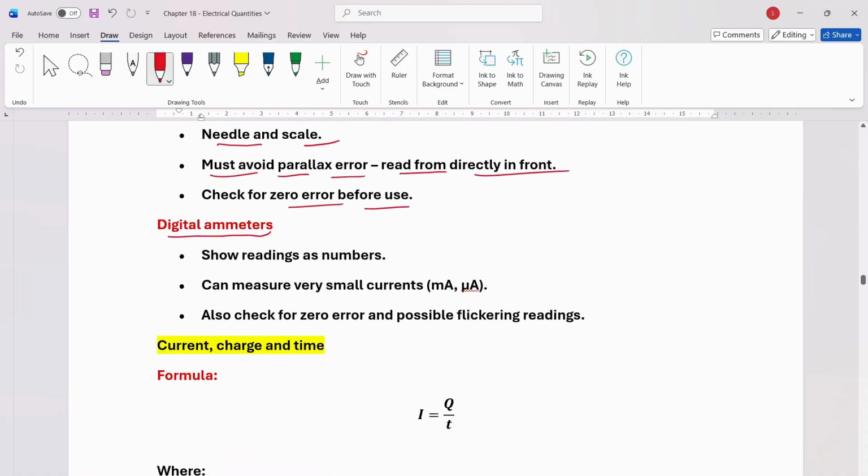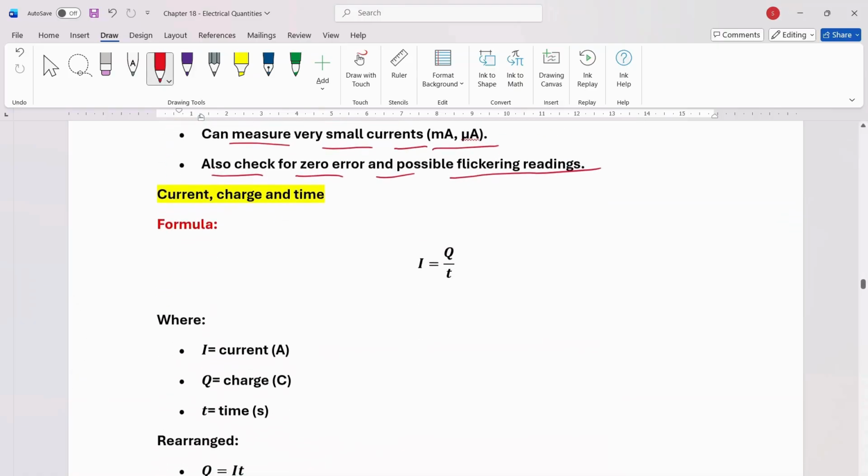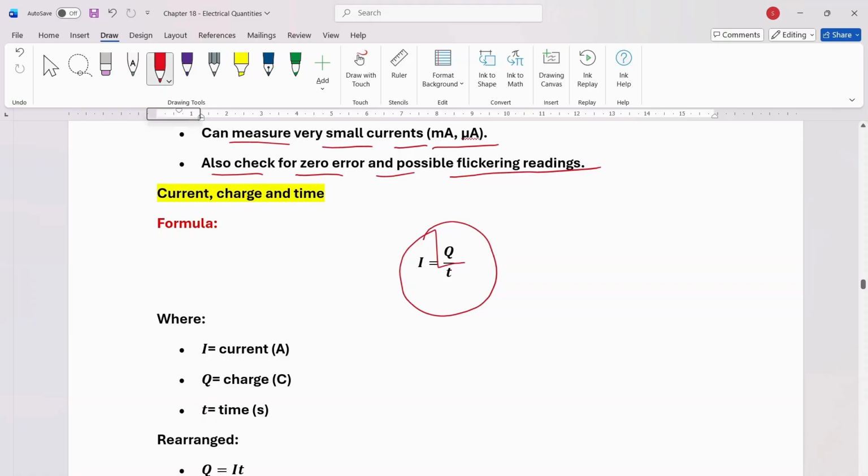Digital ammeters show readings as numbers and can measure very small currents, even in milliamperes and microamperes. Also check for zero error and possible flickering readings. For current, we have a formula: I equals Q over T, where I is current measured in ampere, Q is charge measured in coulomb, and T is time in seconds.